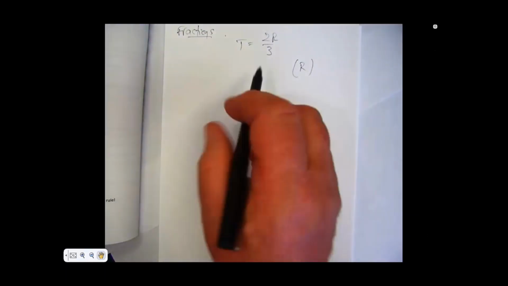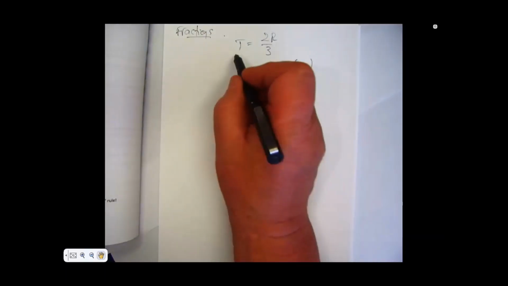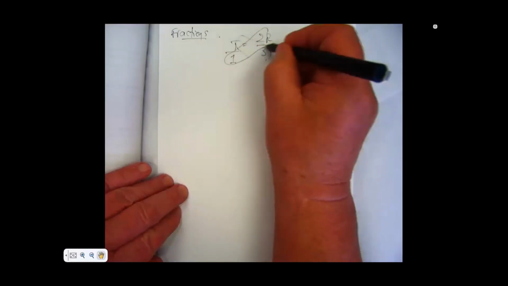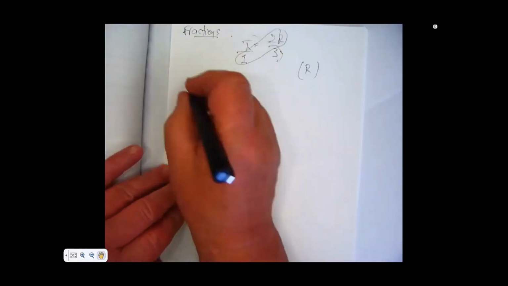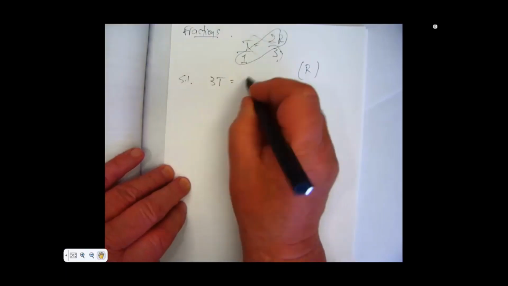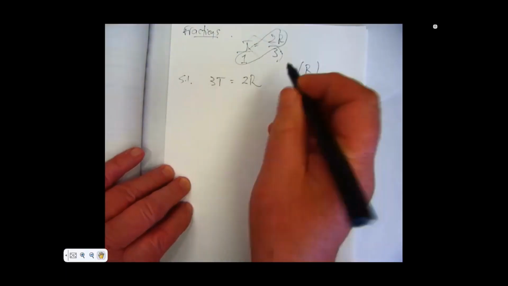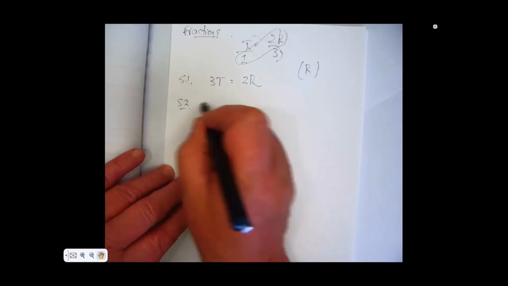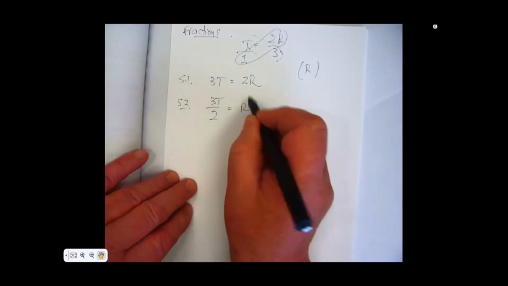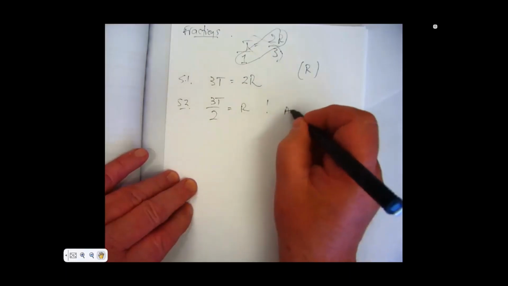Okay, the quick way to do this is to realize that this is t over 1, and the rule that you've used before is the cross multiplication rule. So step 1, 3 times t is 3t, 1 times 2r is just 2r, and finally step 2, if I want r I get rid of the 2, bring it across, and there's my answer.